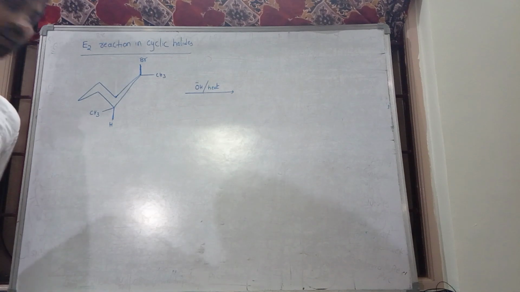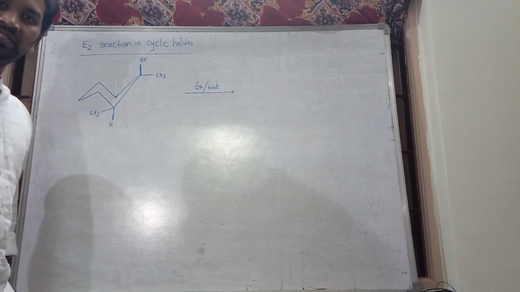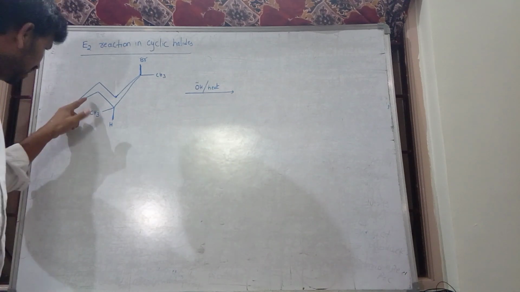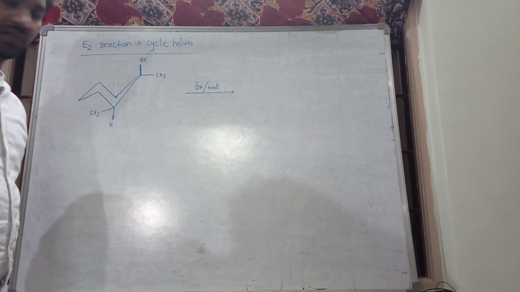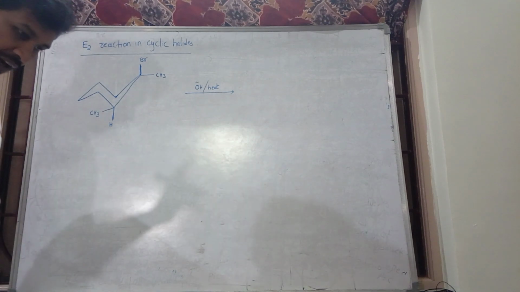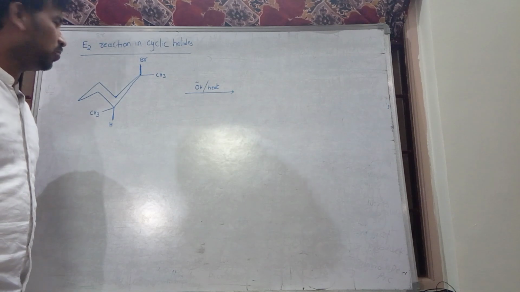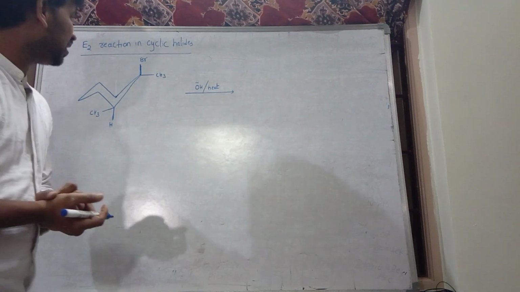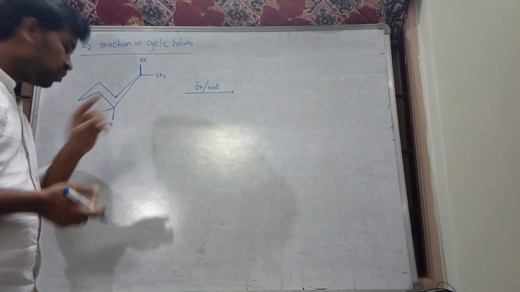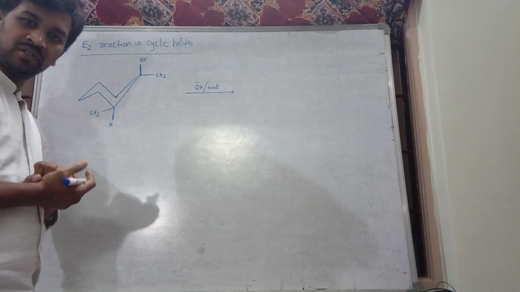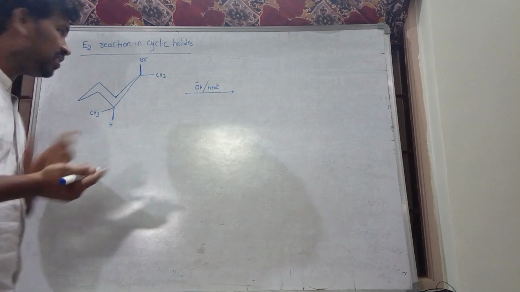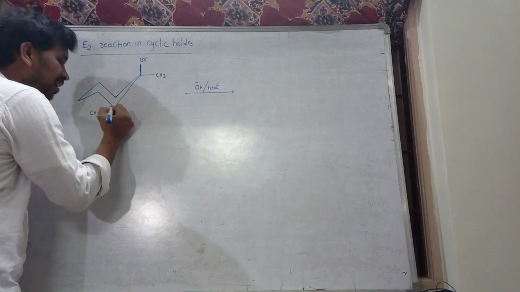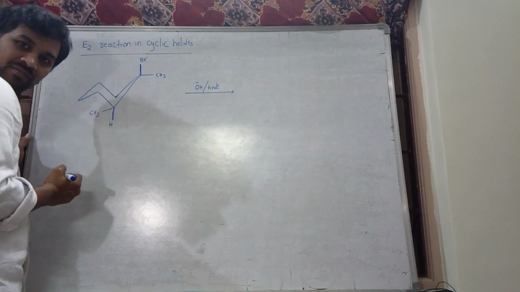Now we are discussing E2 reactions in cyclic halides. So this is a cyclic halide. In E2 elimination, we already discussed that bromine and hydrogen should be in anti position, and both should be axial bonds. See, this is the axial bond, axial Br, axial hydrogen.